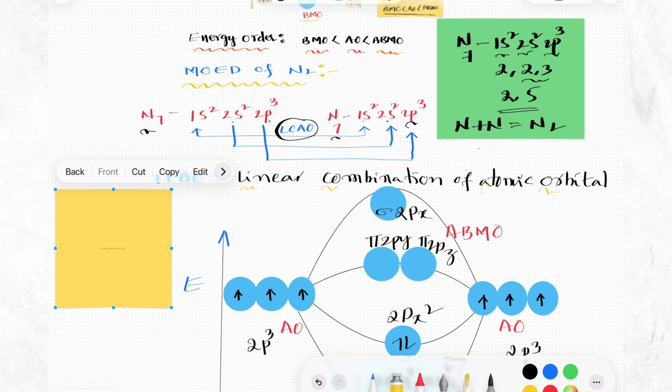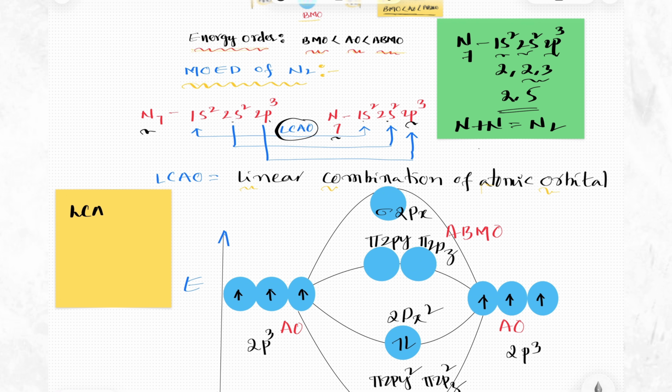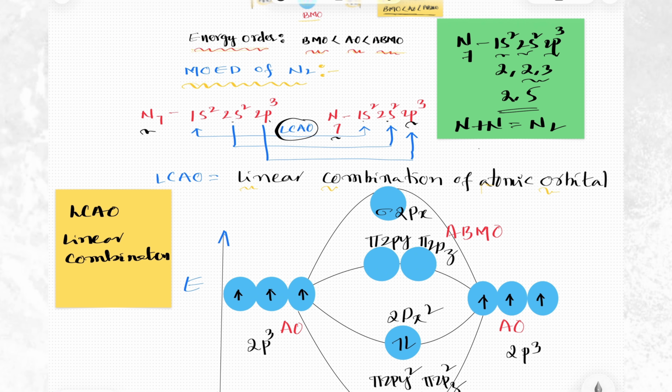LCAO means: L means linear, C means combination, of atomic orbitals. Clear? So that is it.